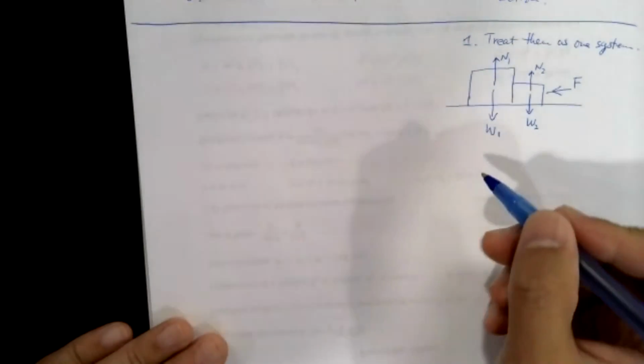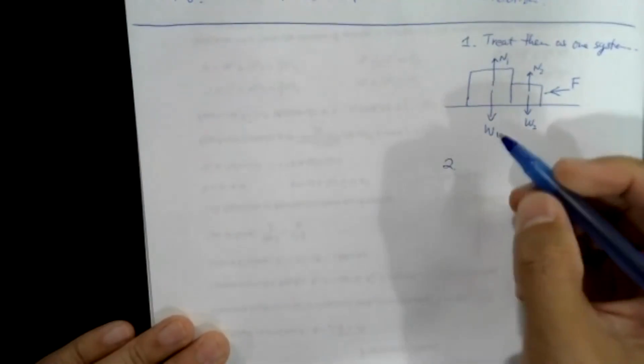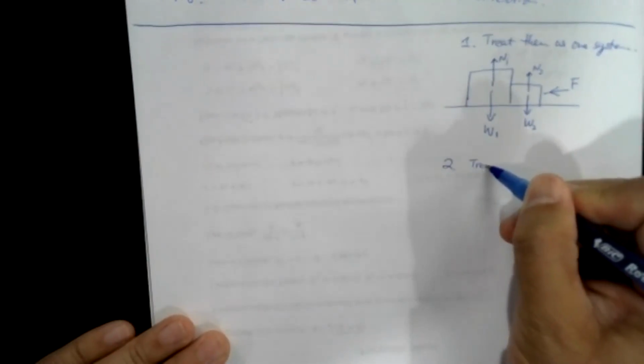If you look at the force between box 1 and 2, because you treat them as one system, the forces between 1 and 2 are actually internal forces. So for the free body diagram, if you treat them as one system, then you don't have to indicate those internal forces. But later on, you can treat them separately.